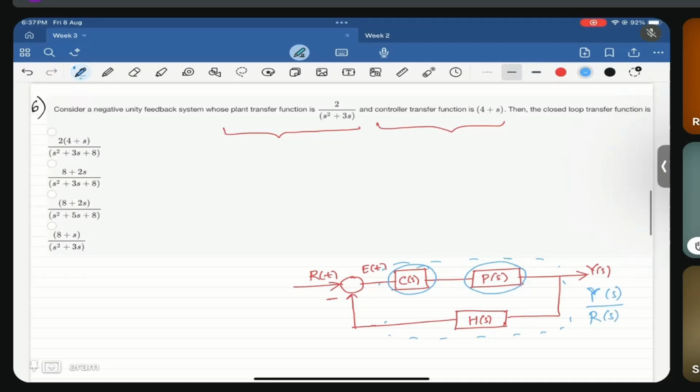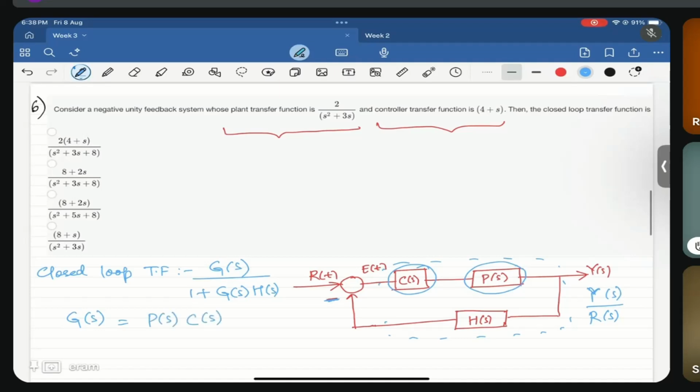You must have gone through the lectures, where you must have seen that for the closed loop transfer function, if we have negative feedback, be careful that we have negative feedback, the closed loop transfer function is given as G(s) divided by 1 plus G(s) into H(s), where G(s) is P(s) into C(s).